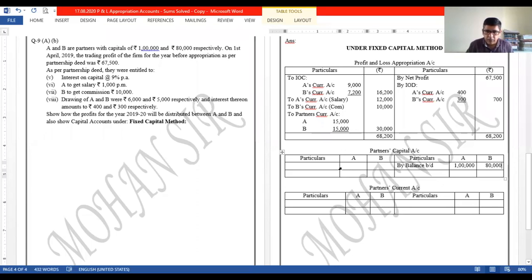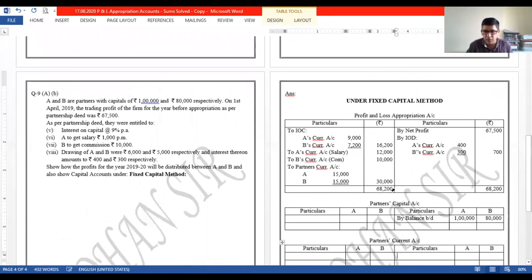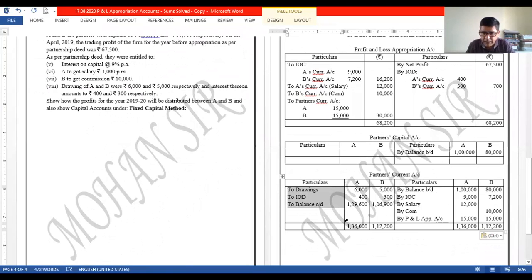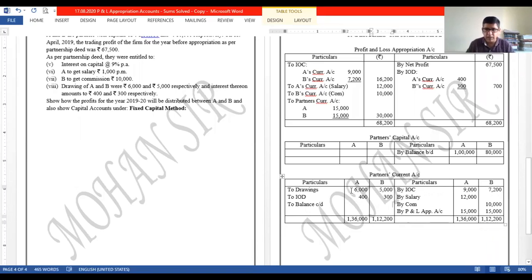Okay. That's all, and then all other adjustments, right? After capital, net profit has to be written, then interest on capital, salary. Let me copy these amounts, right? Okay. I just need to remove this balance, right? Where did this balance go? It went to the capital account. That's fine.